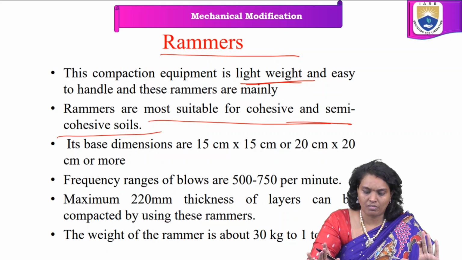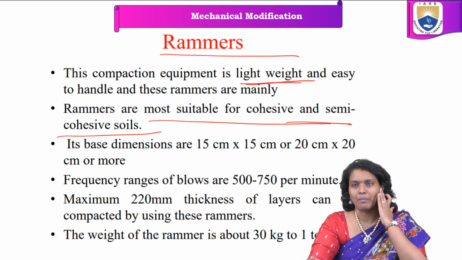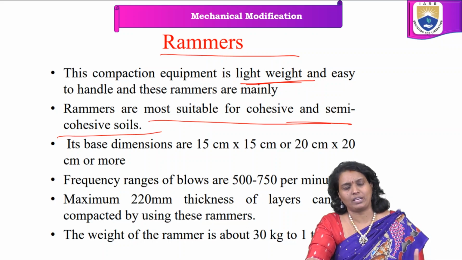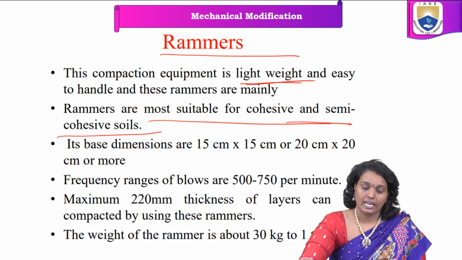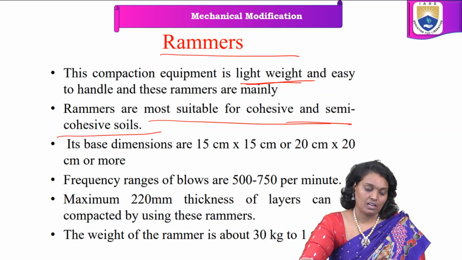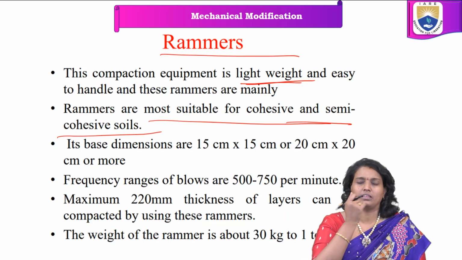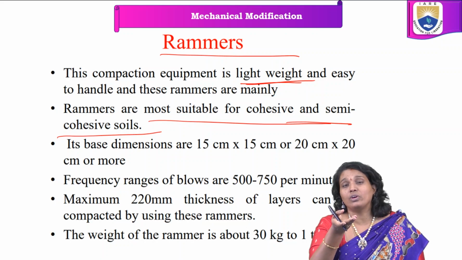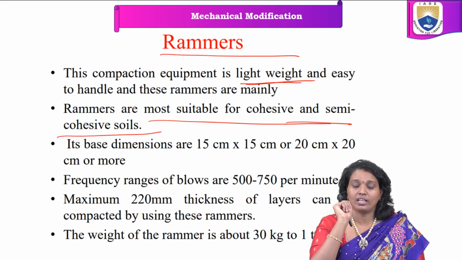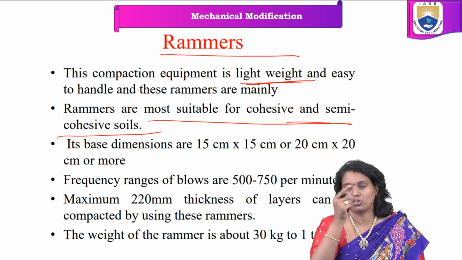For example, the rammer. Based on the remaining parameters for the choice of the method, from the time point of view as well as the required equipment availability point of view, the rammer is suitable. But coming to the type of the soil, it is not suitable for all soils. For non-cohesive soils, it is not suitable.